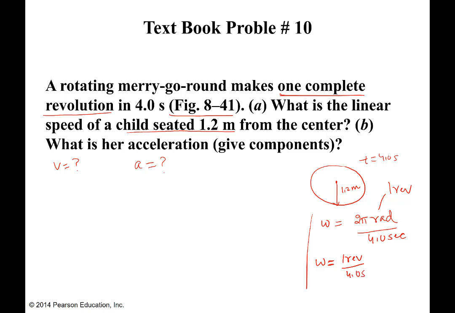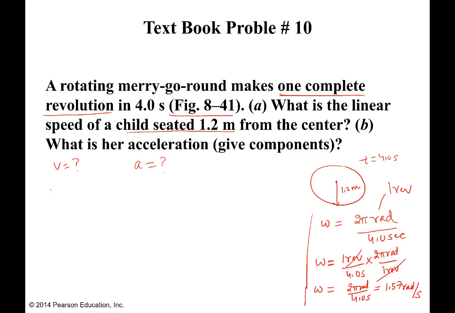You convert the rev to 2 pi radians, 2 pi radians over 1 rev. So it's the same thing. But if you like to see all the steps, that's how I would suggest you do it: 2 pi radians over 4.0 seconds. Then that is your omega. And that comes out to be 1.57 radians per second.